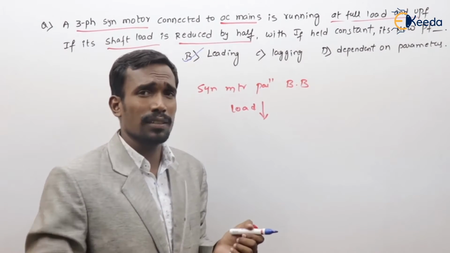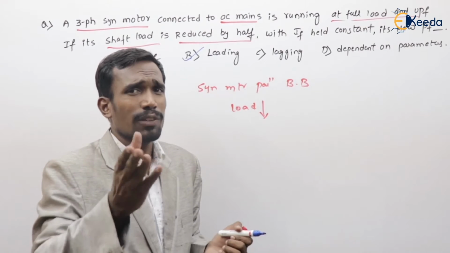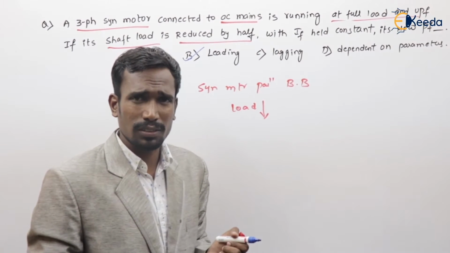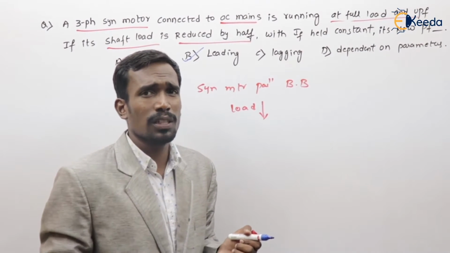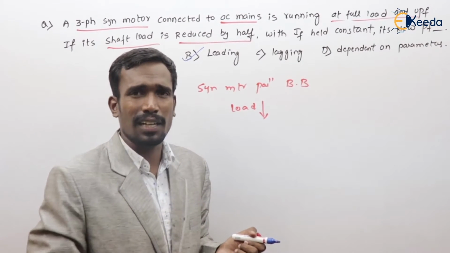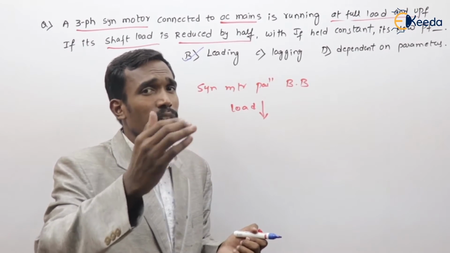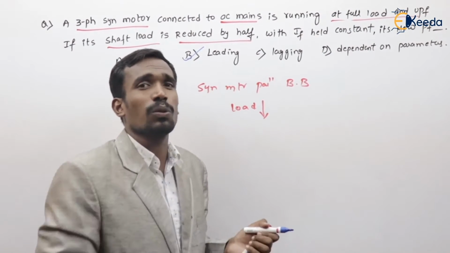For this, we have a vector diagram actually. You can find it in the synchronous machine videos, exactly how when the load reduces, the power factor goes into leading.